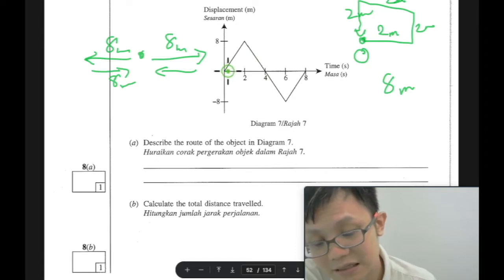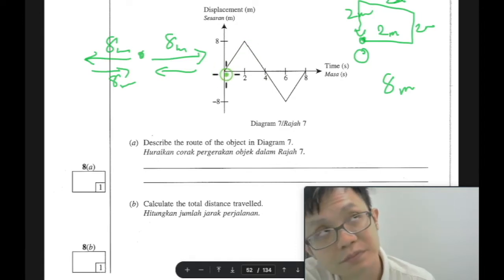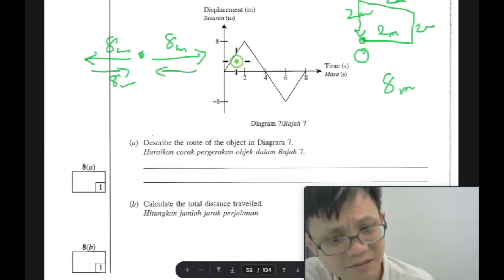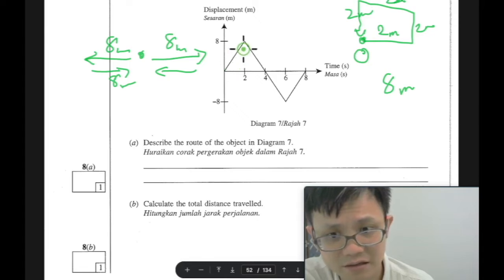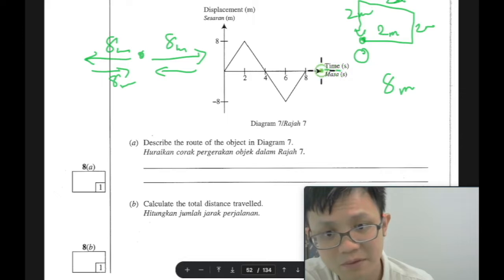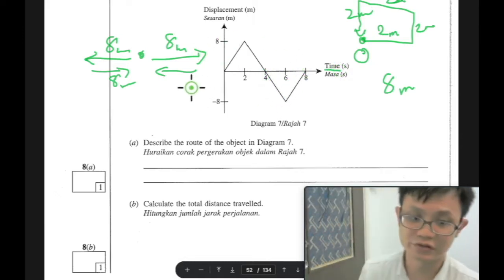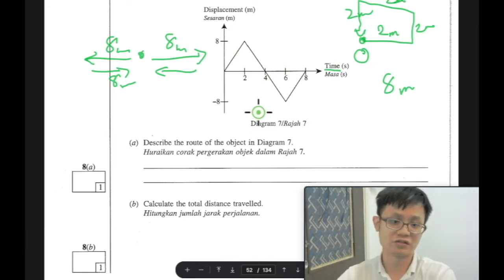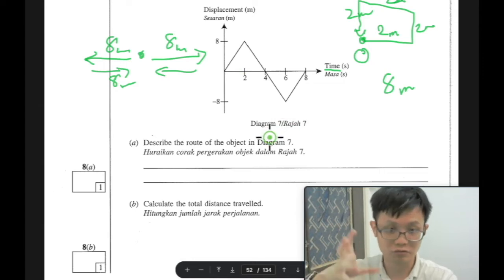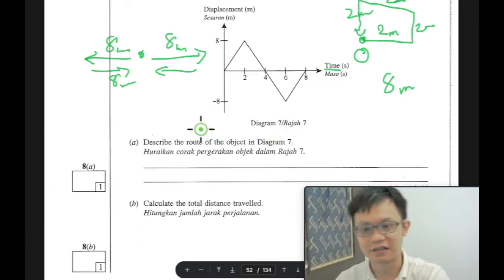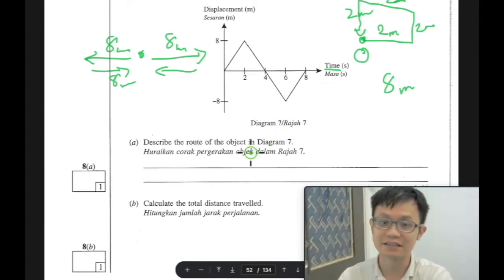And you can see that the gradient is very sharp, so it's probably a constant speed, correct? Constant speed and suddenly stop, and a constant deceleration, and the whole process seems to have the same gradient. It shows that it has a constant speed. So we understand the question first, then only we start to do the question.